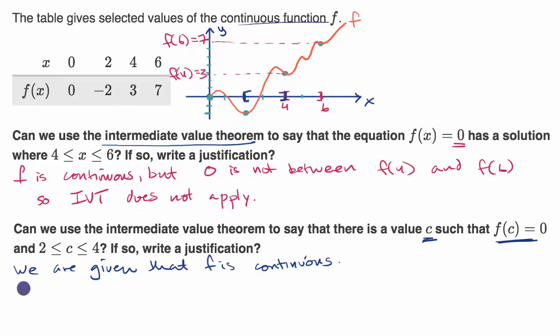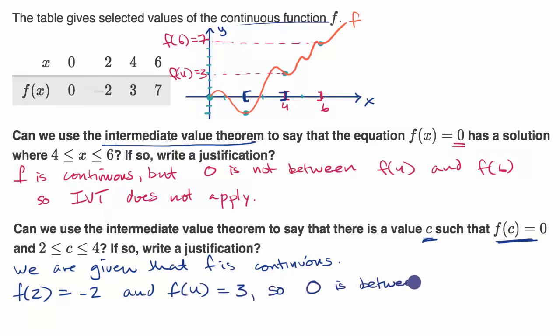We know that f of 2 is equal to negative 2. We see it in that table. And what's f of 4? F of 4 is equal to 3. So 0 is between f of 2 and f of 4.